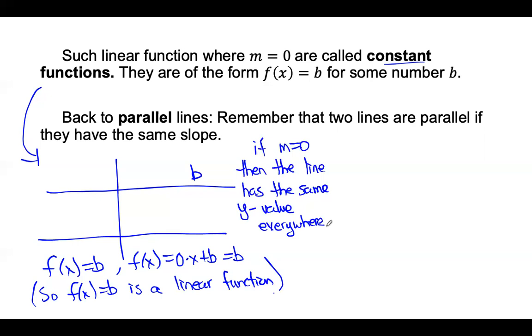It's just a horizontal line, as we can see. And this again is called the constant function. So f of x equals b is basically just known as the constant function.